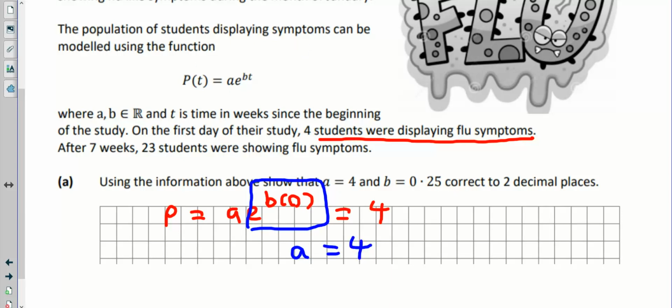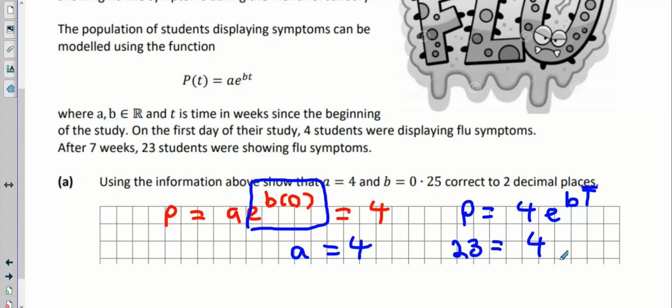What does it say after 7 weeks? So the formula for P now becomes 4 e^(BT). And after how many weeks? After 7 weeks, 23 students. P is 23. 4 e, and what's the T value now? 7. So 7B, right?